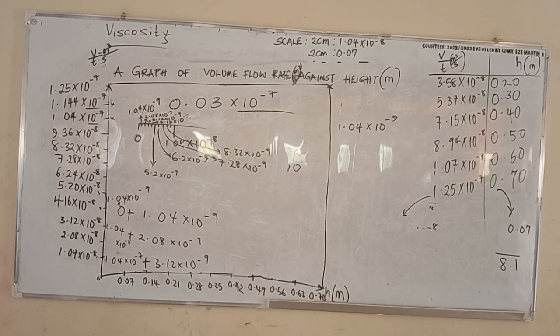So we get 1.07. You should get 1.07. Yes.